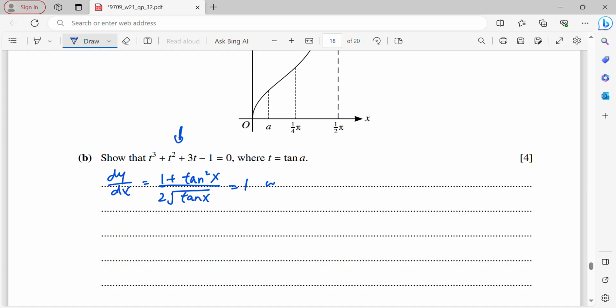Okay, so I do not write 1 first. So when x equals a, dy/dx is 1. Which means I will get 1 equals (1 plus tan squared a) over 2 square root of tan a. Okay, and then I will change the tan a to t. t is tan a.